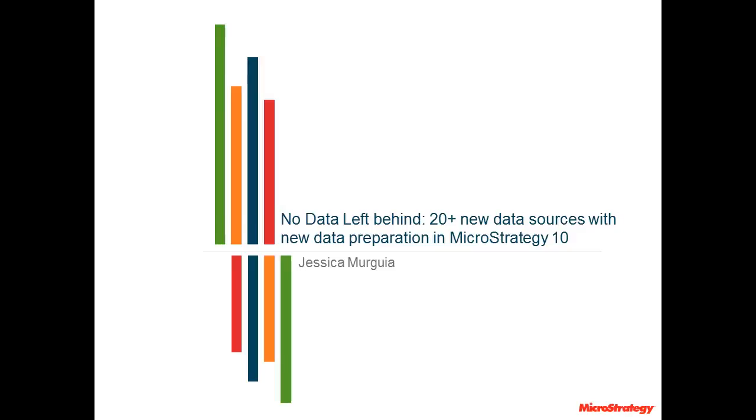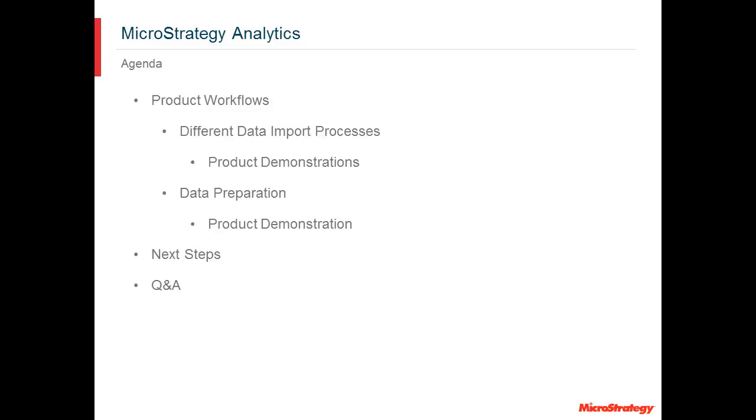So the first thing that I'm going to show you is the agenda for this webcast. I'm going to give you a brief introduction of how the process of self-service works in MicroStrategy. And then we're going to talk about the two main features that I already mentioned: the new data sources available for you, and also the data grounding within the data preparation function.